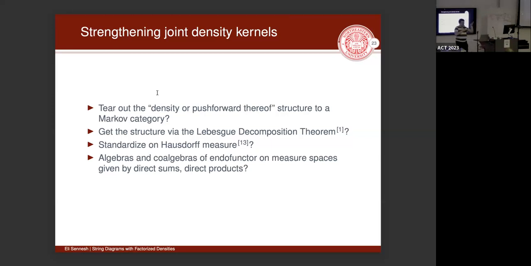Here's their countable direct sums and their finite direct products, and consider algebras and coalgebras on that sort of thing.